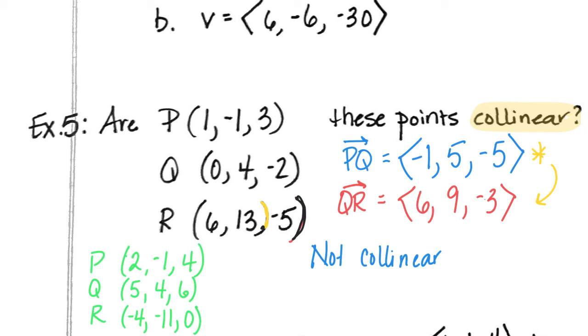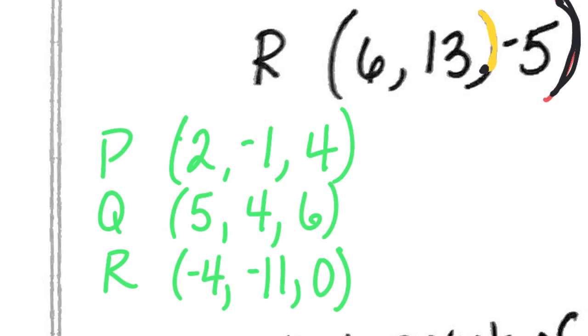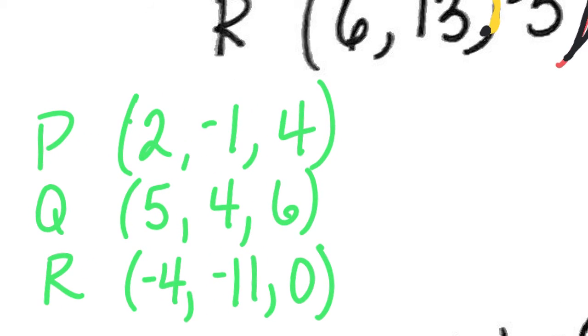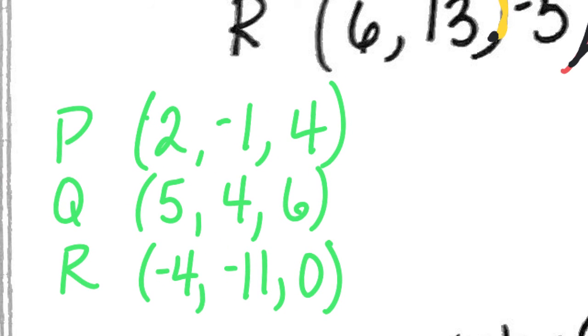Why don't you push pause and try these? I already told you that they are collinear, but let's see why. When I figured out PQ, I got 3, 5, and 2.